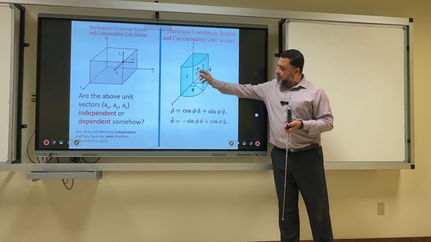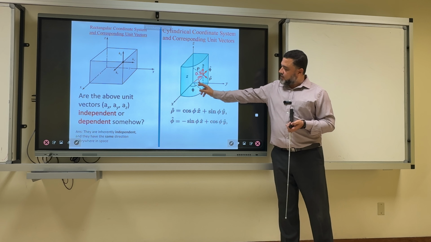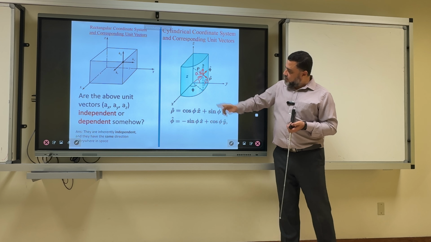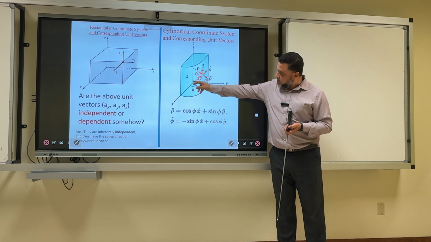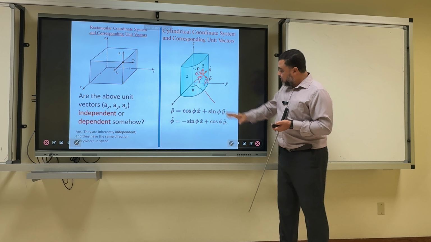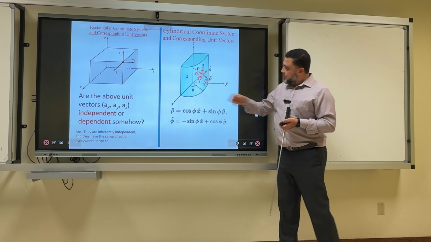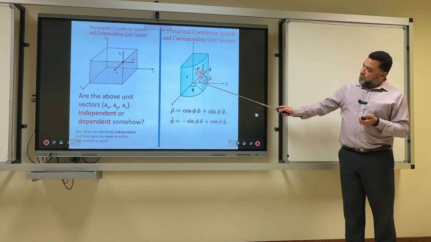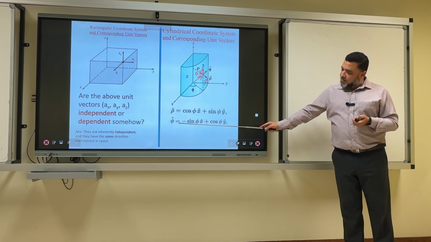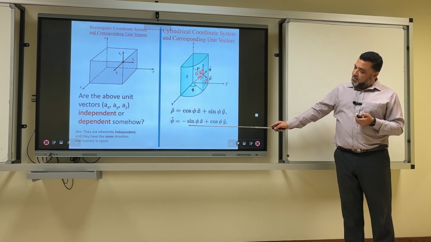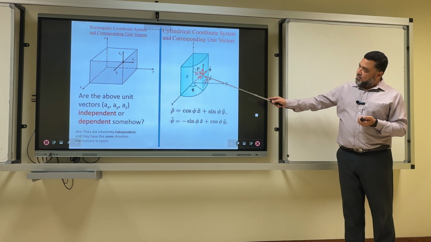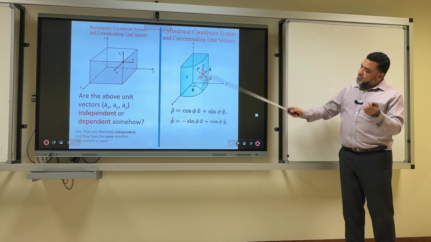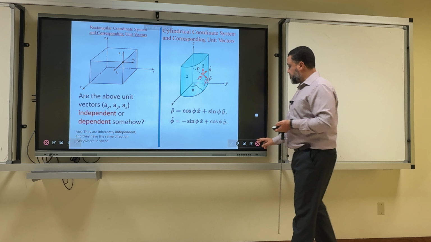So if you have a_phi here, what is this angle? This angle will be phi, assuming we are in this plane. So a_y cosine phi will give you a_phi, and a_x minus sine phi will give you a_phi as well, because you will have a_x here in the negative direction.